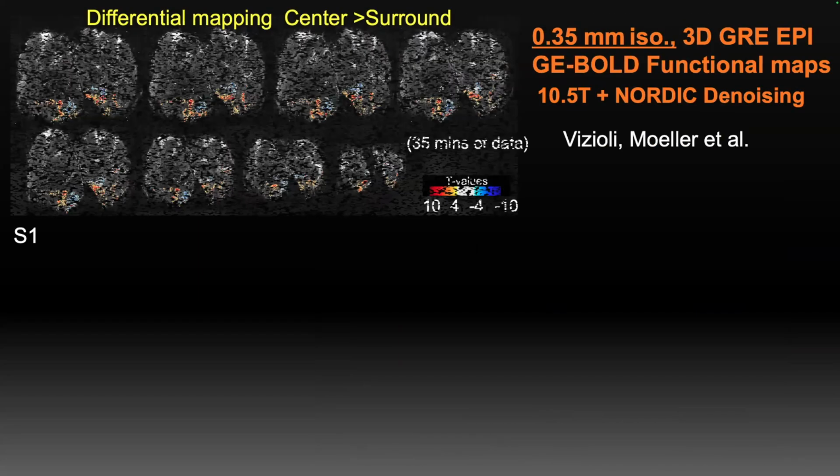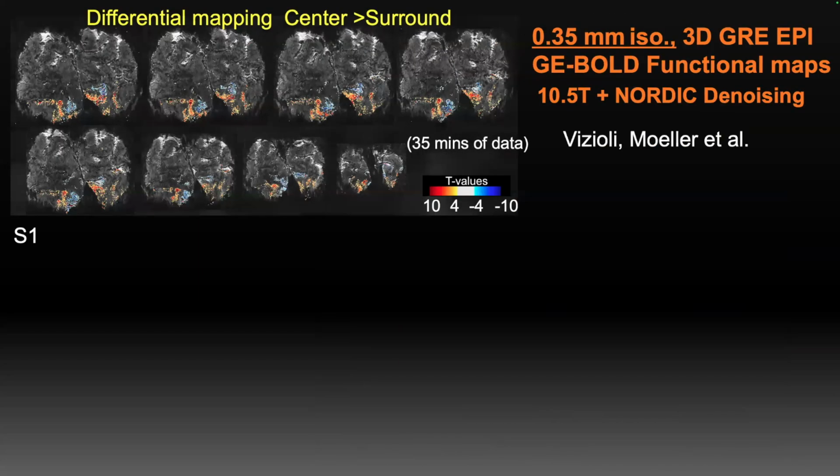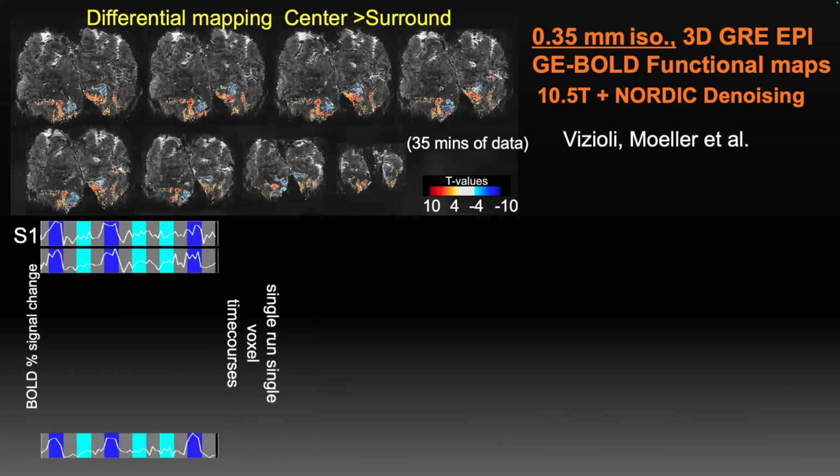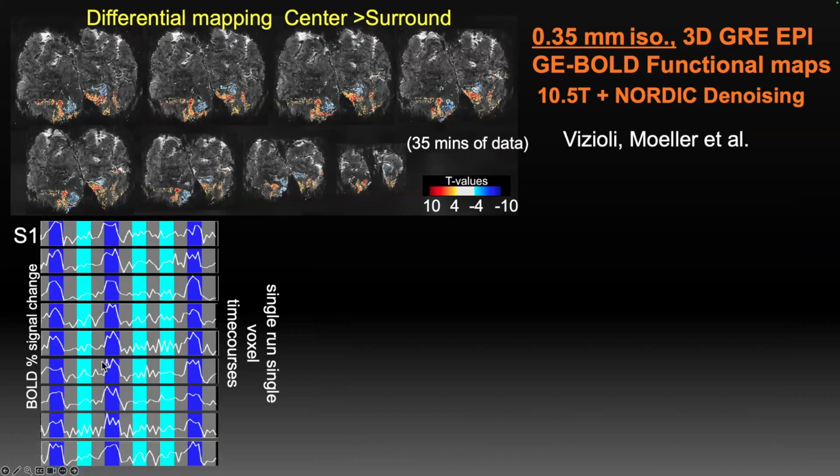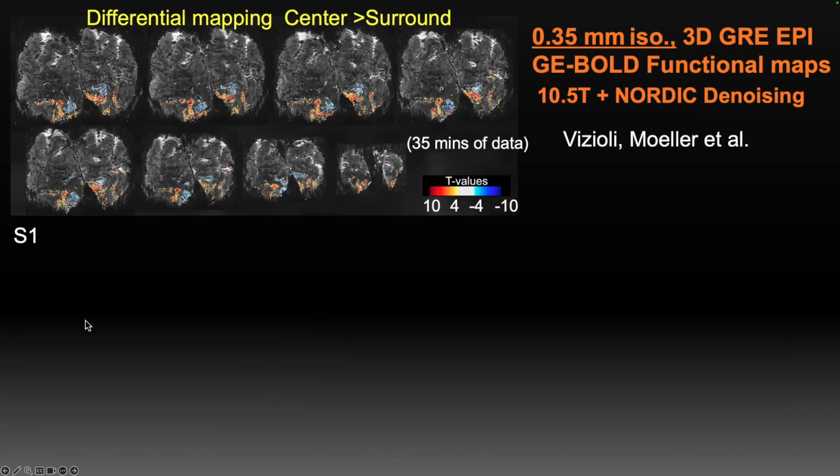And visual cortex, these are 0.35 millimeter isotropic. And these are, for example, some single voxel time courses that you can see from this particular data.